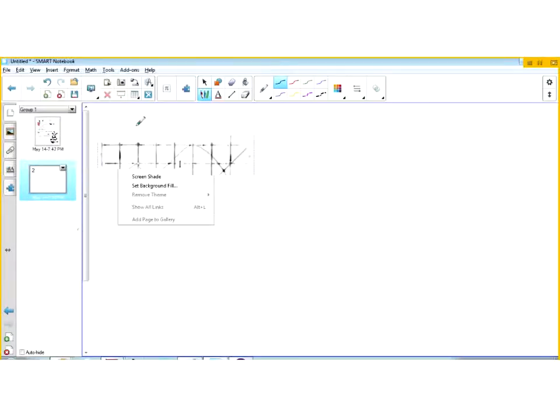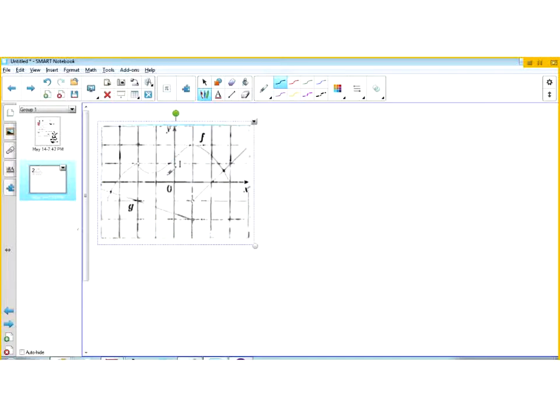So let me draw a hypothetical function, or two graphs. This one is from the book, I believe. I'm not sure. Or it may have been a test question. Nevertheless, here we have two functions.